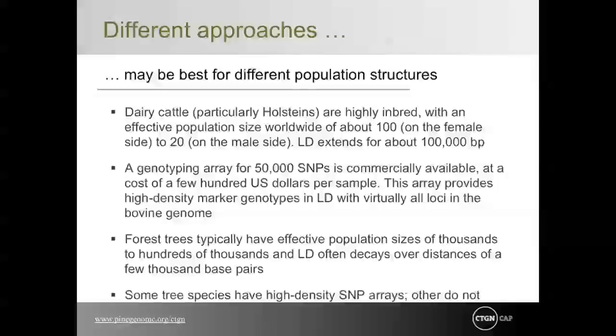The greater genetic diversity and lower levels of LD in typical forest tree populations mean that much higher densities of marker loci will be required to obtain markers in LD with every trait locus across the entire breeding population.